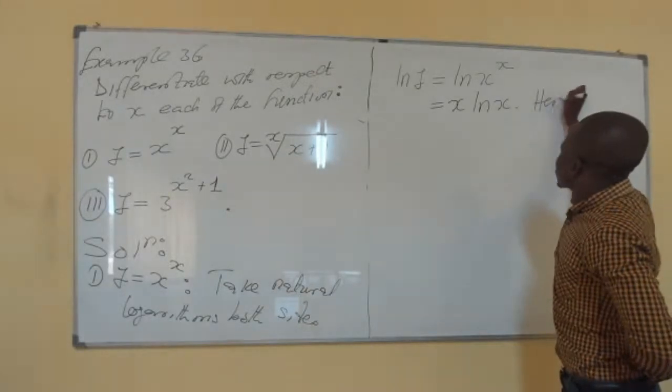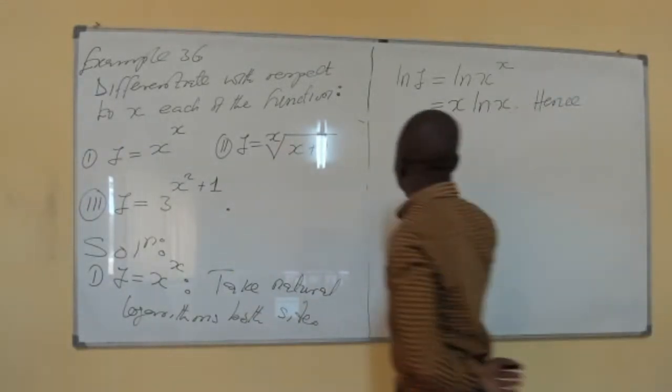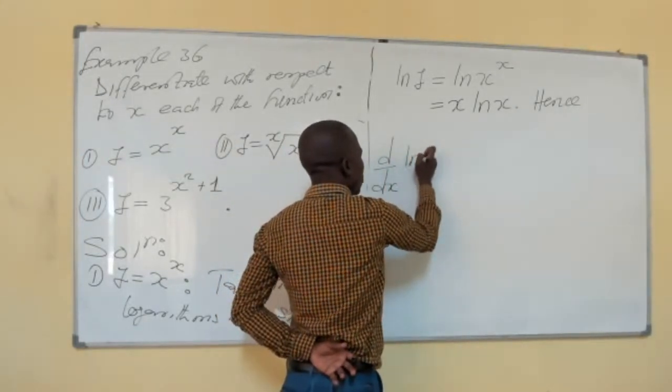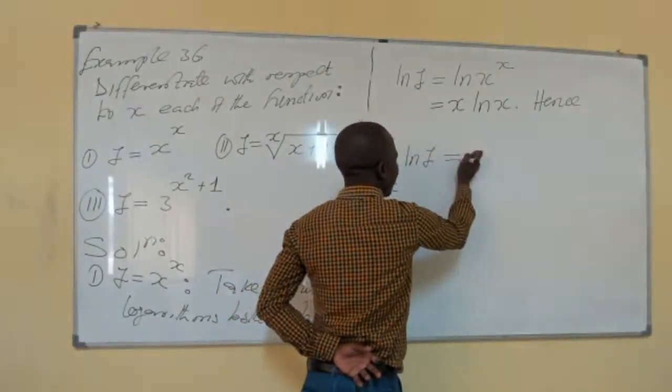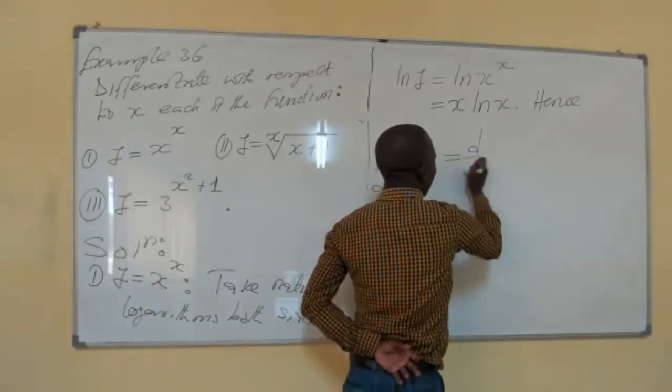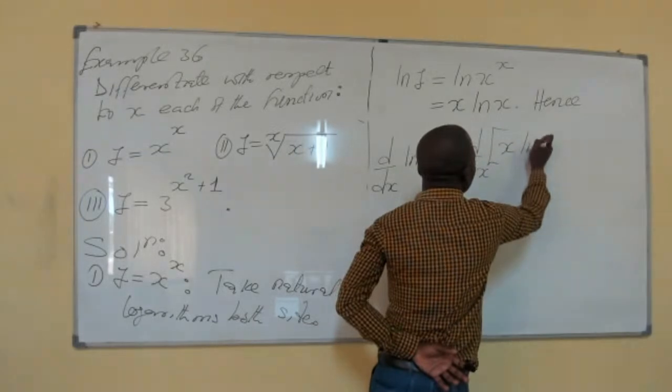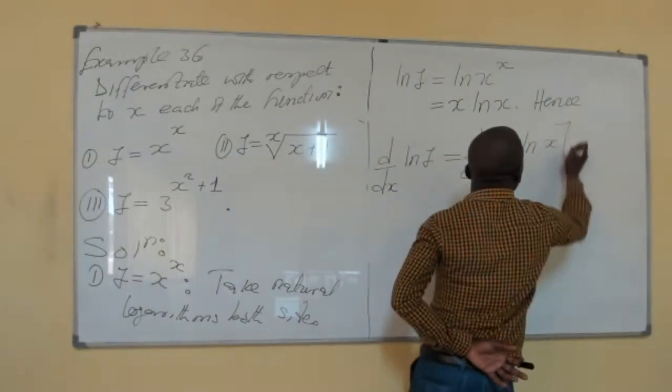Hence the derivative with respect to x of ln of y is equal to the derivative with respect to x of our new function, x times ln of x.